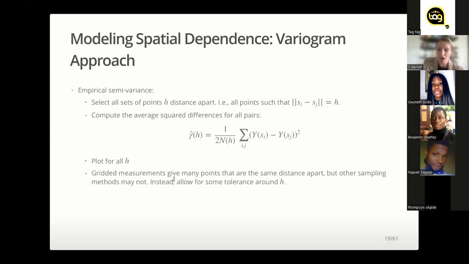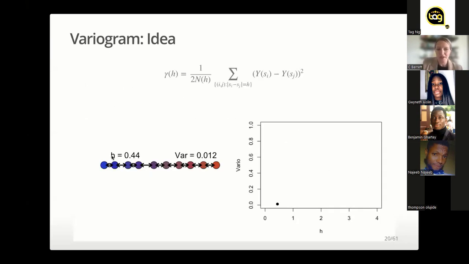Now, often locations aren't all exactly h distance apart. And so we allow for some tolerance. I'll show you on the next slide. So here for our little horizontal toy example, the distance is 0.44, but these points aren't exactly 0.44 apart.